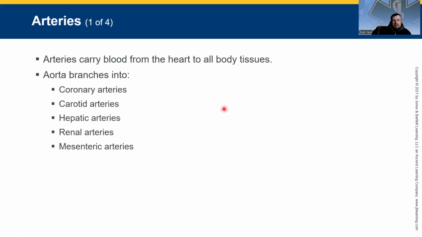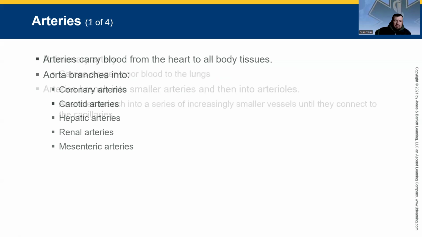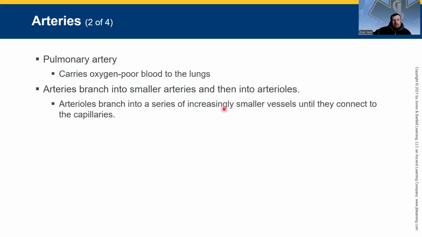Arteries carry blood from the heart to the body tissue. Aorta branches into your coronary arteries, carotid arteries, hepatic artery, your renal, and your mesenteric artery. So arteries carry oxygen-poor blood to the lungs.